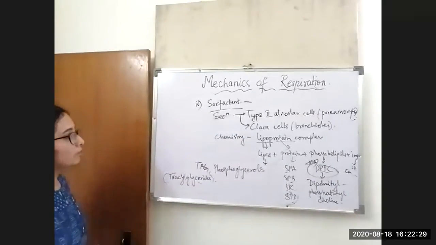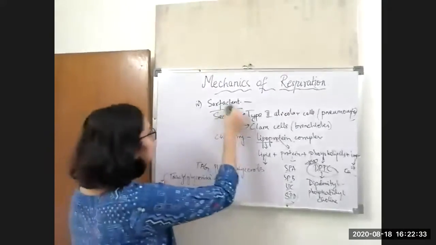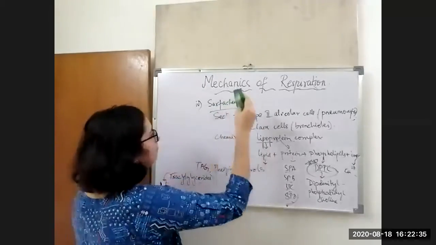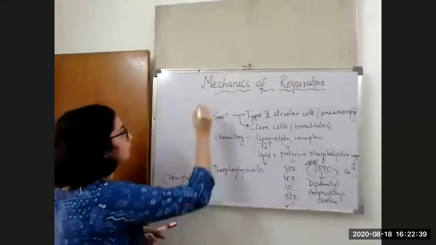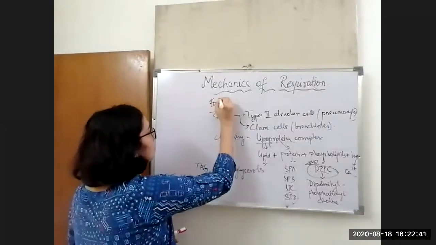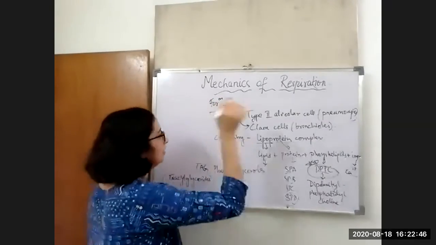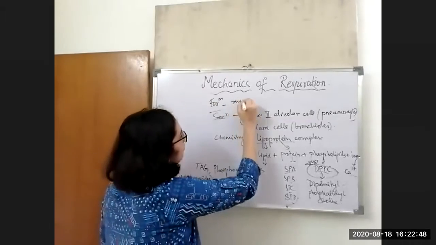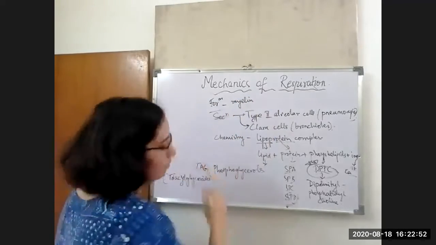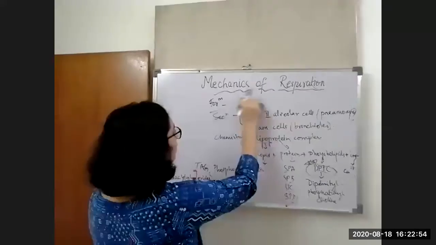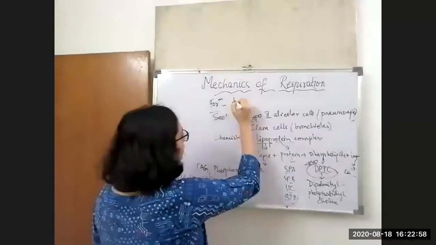Okay. So now we will see from where it is secreted, or the formation, from where it is happening. So the formation of surfactant takes place in the form of tubular myelin.